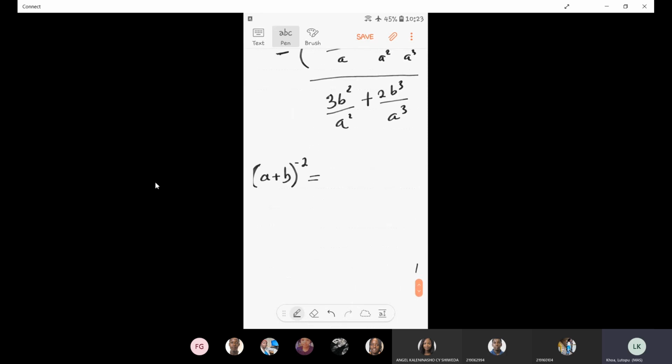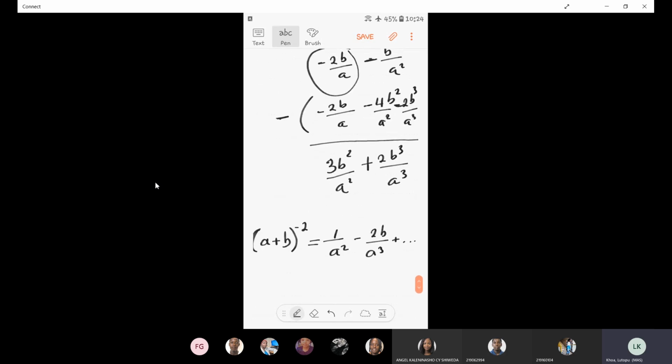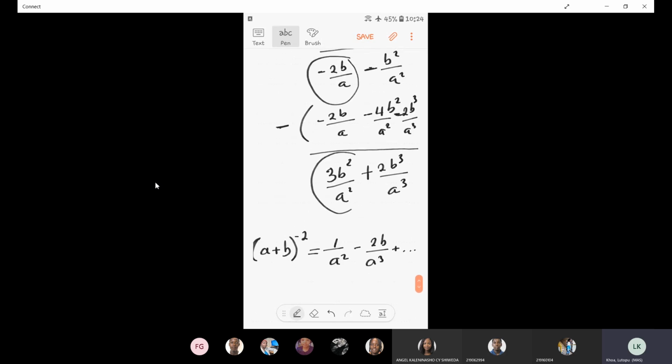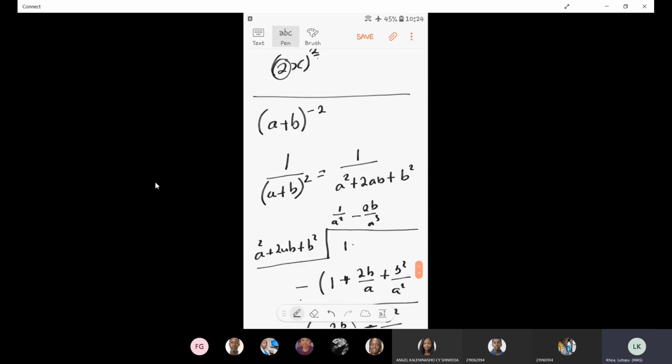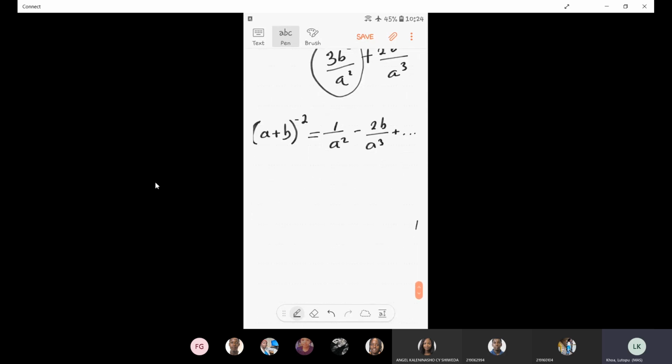So this is 1 over a squared minus 2b over a cubed. And then you can continue in that manner. So it depends on how many terms I ask you for. So if I ask you for 3 terms, then you must do the division one more time. So you'll say this divided by a to the power of 2. You write the term over there. Okay, so that is how we would do it.